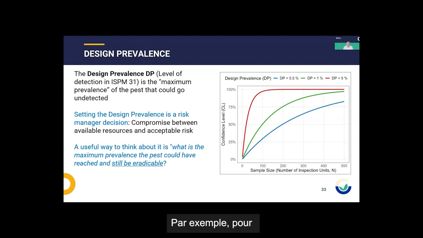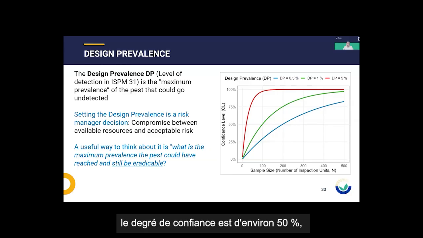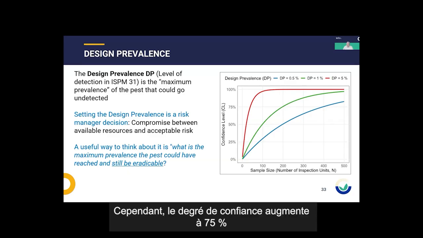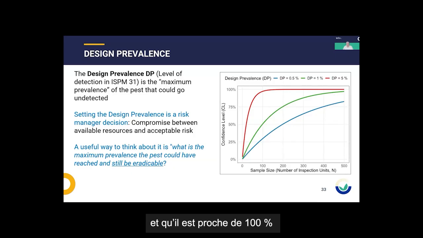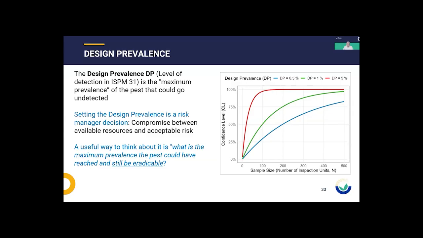For example, with 200 inspection units, the confidence level is about 50% for a design prevalence of 0.5%, but increases to 75% when design prevalence is 1%, and it is close to 100% for a design prevalence of 5%.